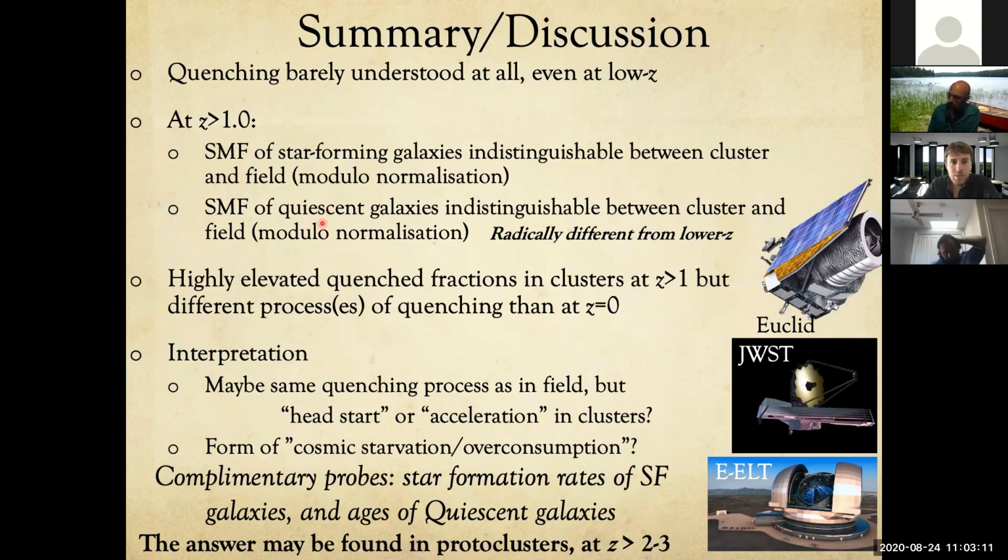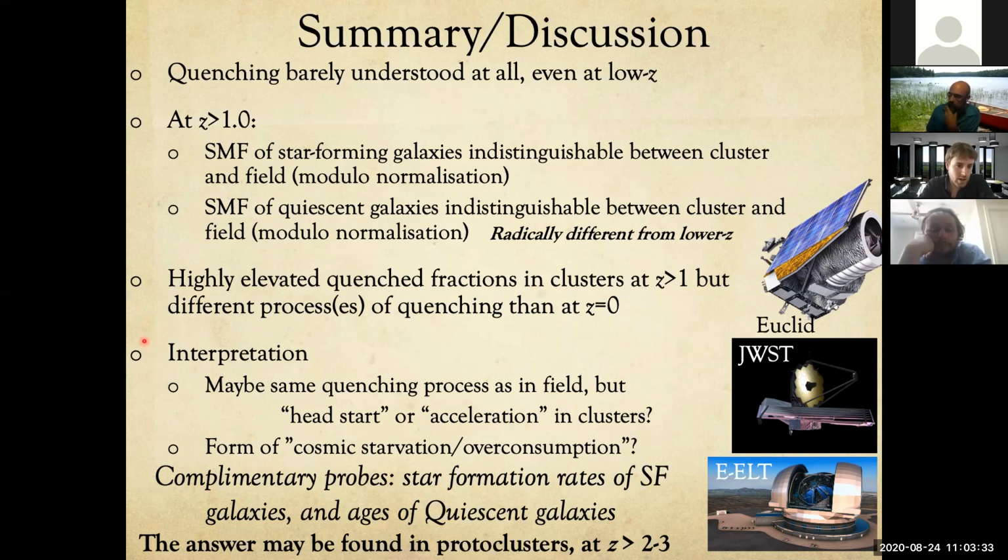And the same is true for the quiescent galaxies, which is strange because this is not the case at low redshift. So even though the shapes are the same, there is a highly elevated quenched fraction in the clusters at high redshift, and this may indicate a different process of quenching than at redshift 0.